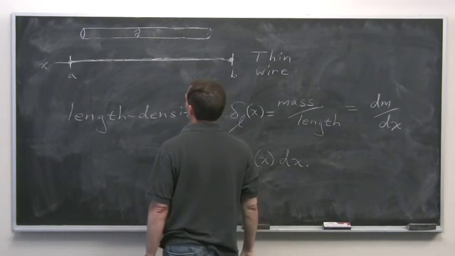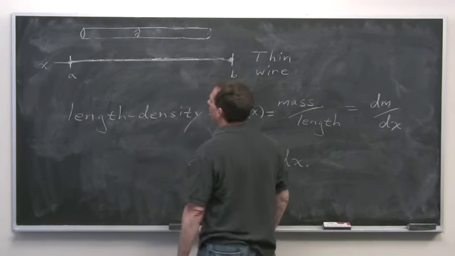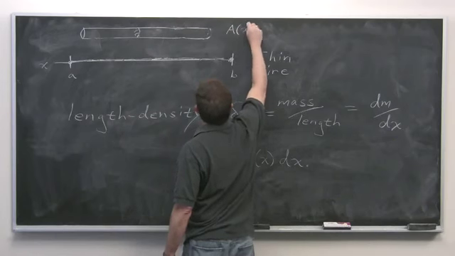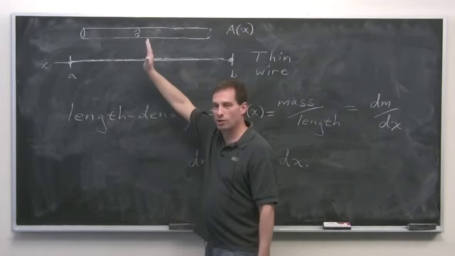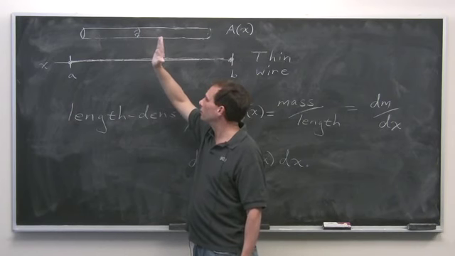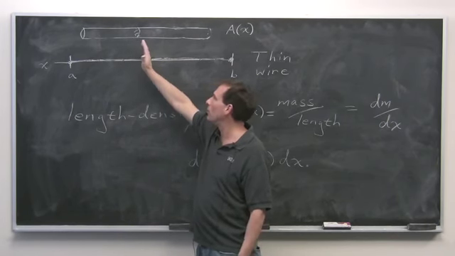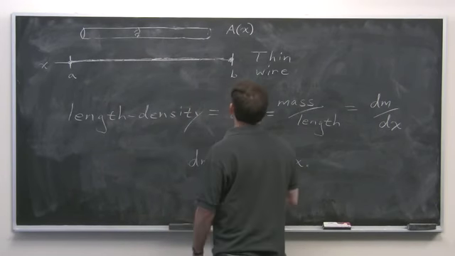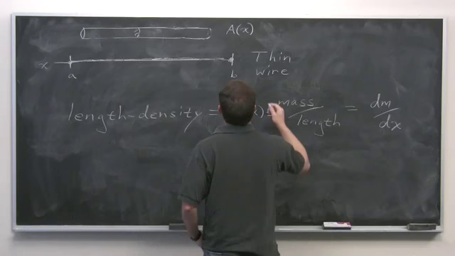You would set things up the way we set them up before. You would have to assume that you have a cross-sectional area function, and that in each cross-section, the density is the same. For a fixed cross-section, the density at all points in the cross-section is the same, but the density can change as x changes. So we would do what we did before.